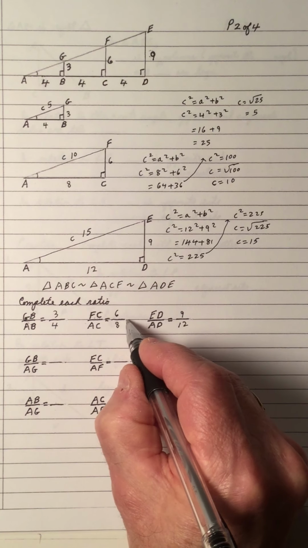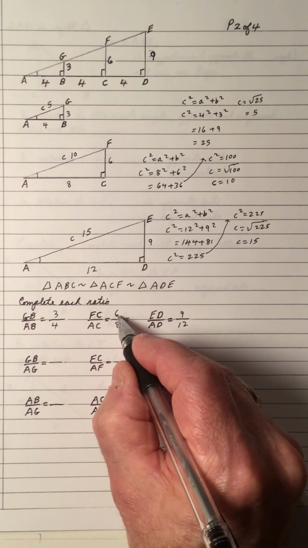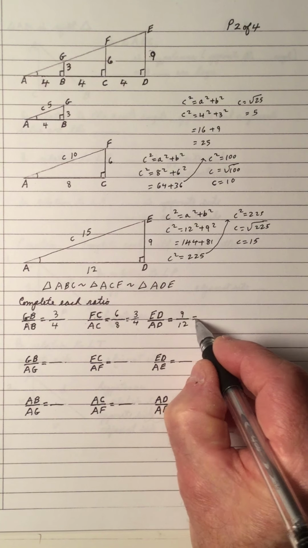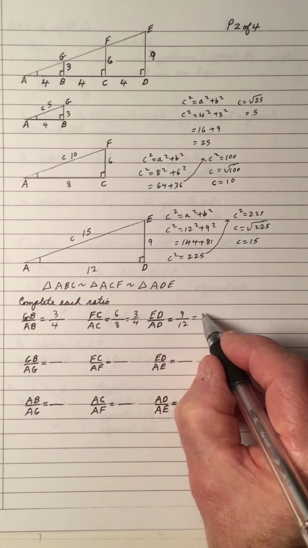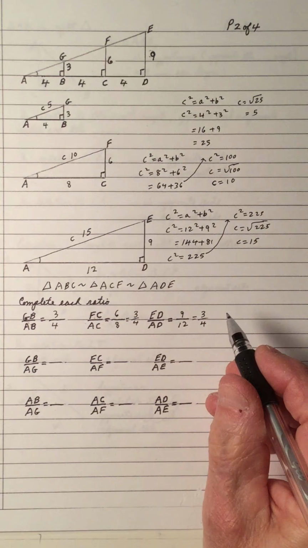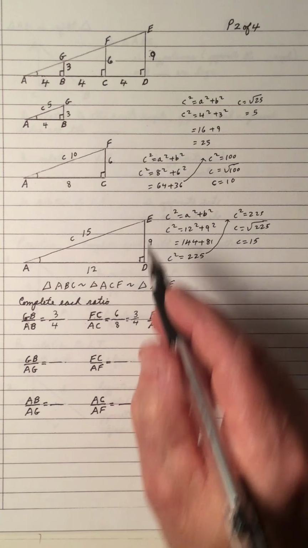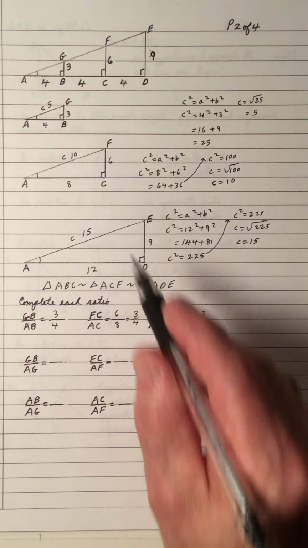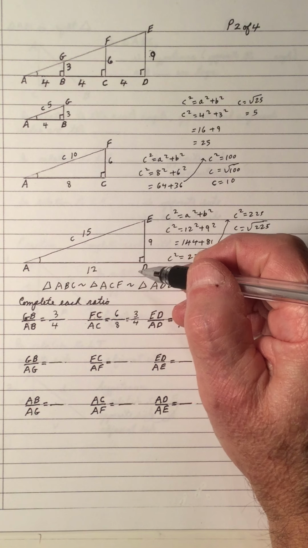Notice that 6 over 8 reduces to 3 over 4 by dividing by 2. 9 over 12 reduces to 3 over 4 by dividing by 3. So notice that these sides have all the same ratios because the triangles are similar.